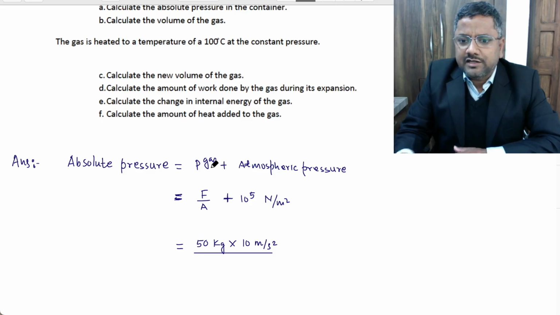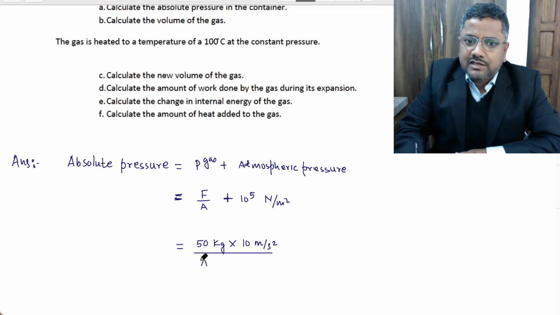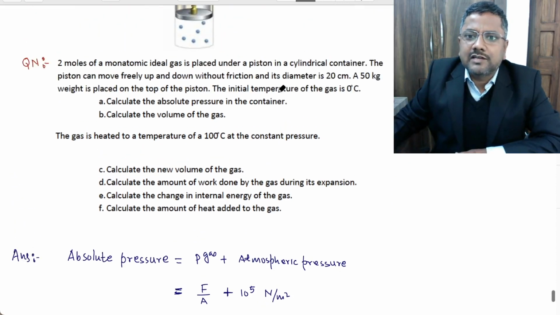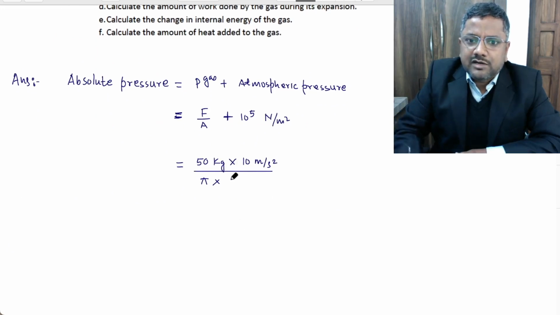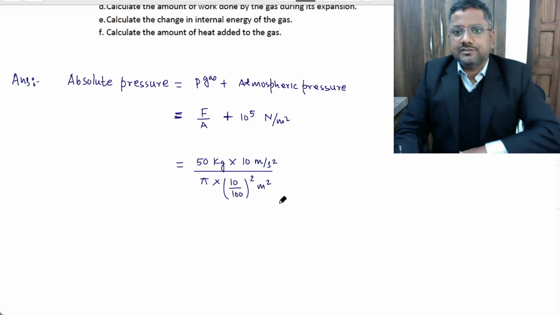This time you can take pi r square, so pi into r, radius, diameter is given, 20 centimeter, so this is 10 by 100, pi r square, and this is meter square, right?